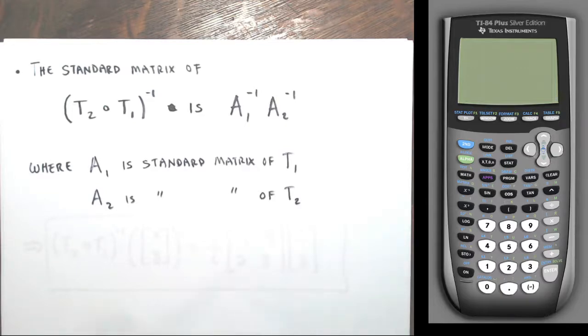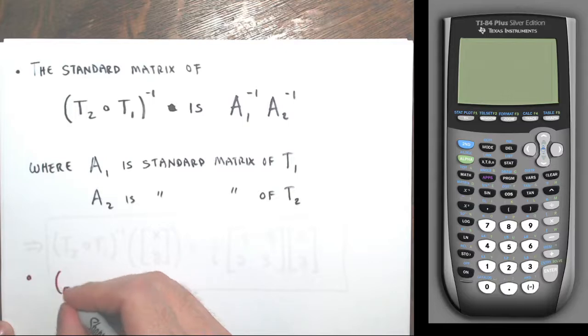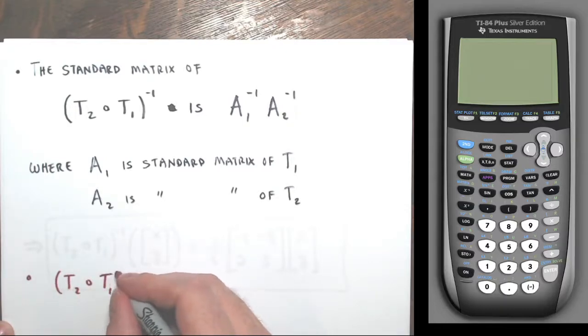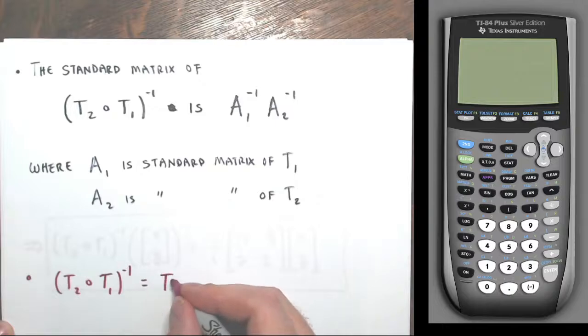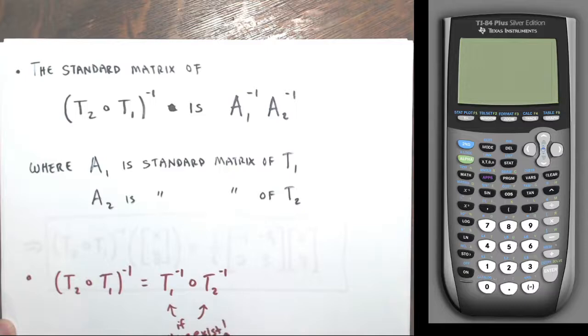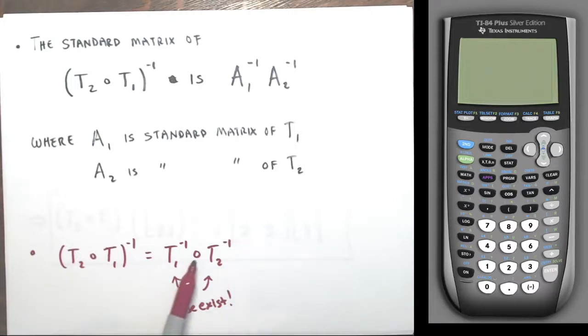So this implies that T2 composed with T1 inverse is equal to T1 inverse composed with T2 inverse, again, if these exist. If they don't exist, then you have to find it some other way.